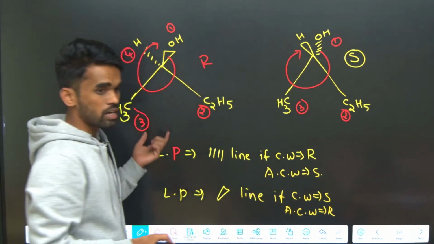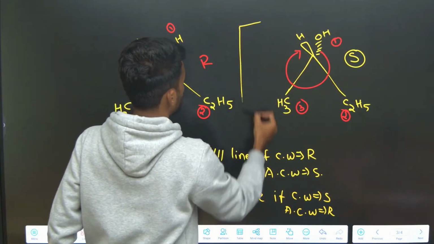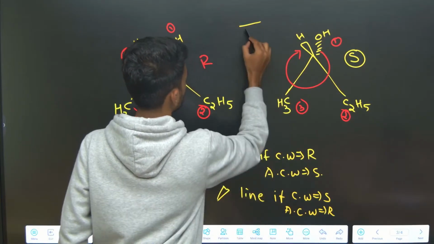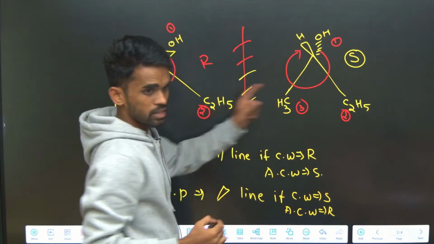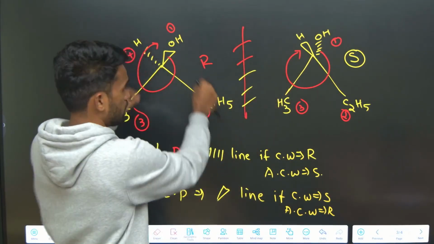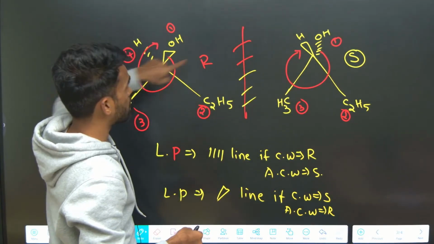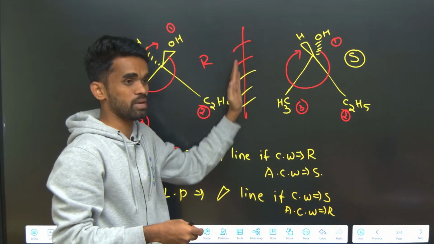So I have R configuration and S configuration. Just look here, I am taking a mirror here. Tell me, are these mirror images or not? The ethyl group is like that. The OH above the plane becomes below the plane in the mirror, and below the plane becomes above the plane if I place a mirror here.